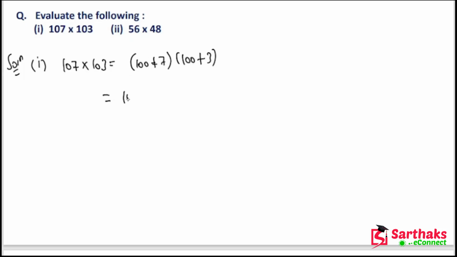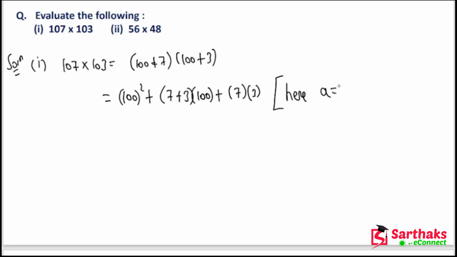So it would be x square plus (a + b)x, that is (7 + 3) into x, plus ab. Here I will write that a is equal to 7, b is equal to 3, and x is equal to 100.